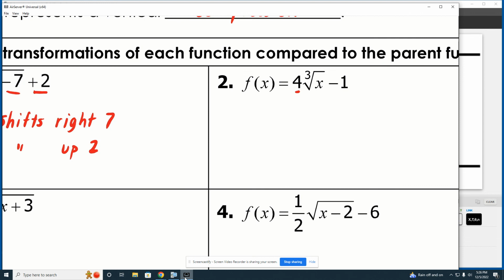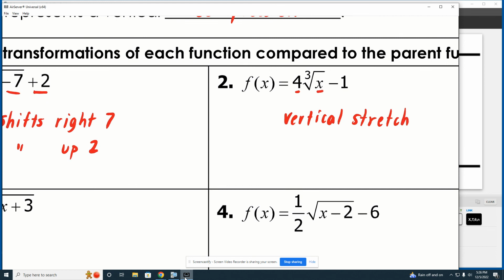Okay, number 2. Look, you've got an A value out there. It's 4. Not negative, so no reflection, but 4. That's definitely greater than 1. So what that's going to do is it's going to grab that cube root function and it's going to pull it vertically upward. So we call it a vertical stretch. Okay?